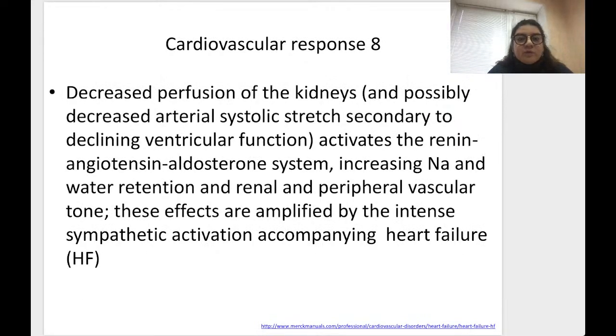Decreased perfusion of the kidneys and possibly decreased arterial systolic stretch secondary to declining ventricular function activates the renin-angiotensin-aldosterone system, increasing sodium and water retention and renal and peripheral vascular tone. These effects are amplified by the intense sympathetic activation accompanying heart failure.